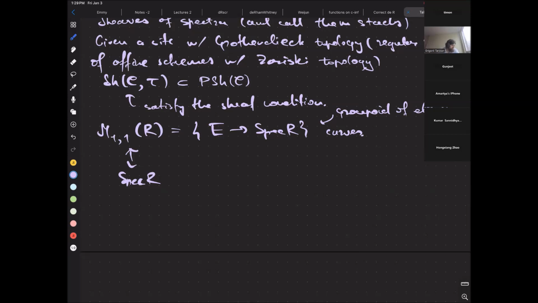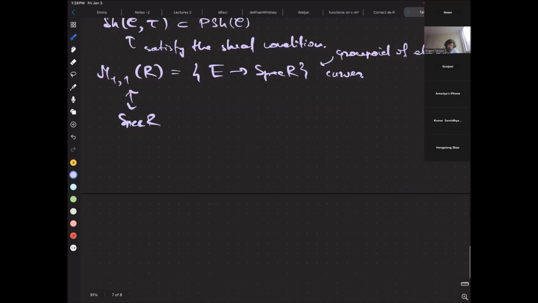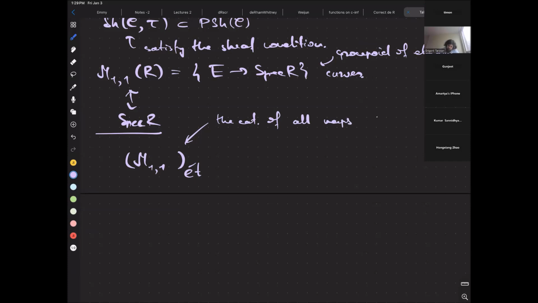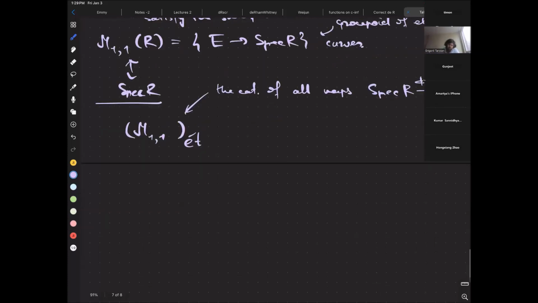Okay, so now from this we can construct the following functor. If you have M_11, you can consider its étale site. This is the category of all maps like this, Spec R into M_11, which are étale, and then the morphisms are commutative triangles.